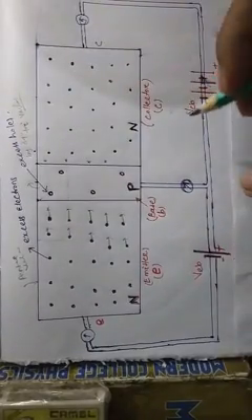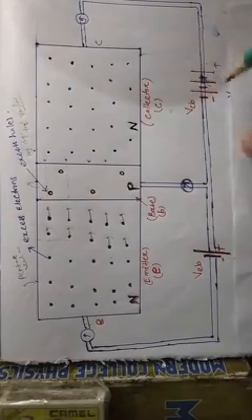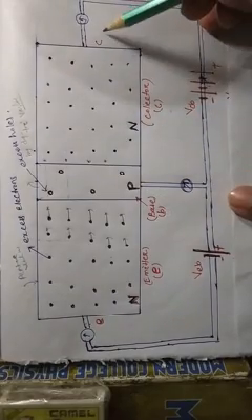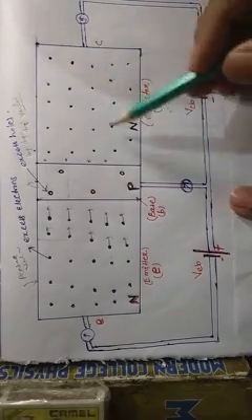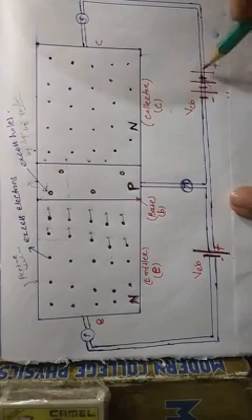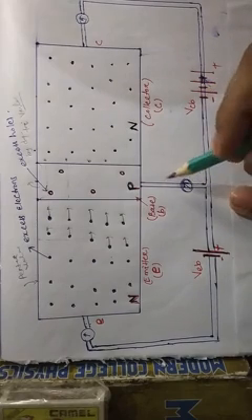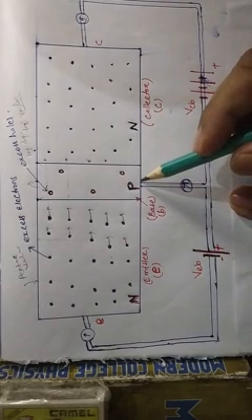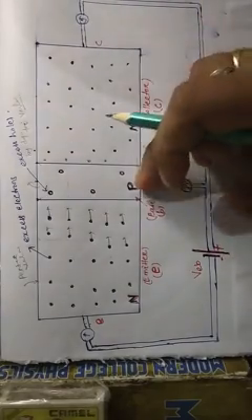Another thing we have to consider is that the biasing of base and collector will be reversed. As the collector is n-type, the positive terminal of the battery is connected to the collector and the negative terminal to the P side, or this side is grounded.